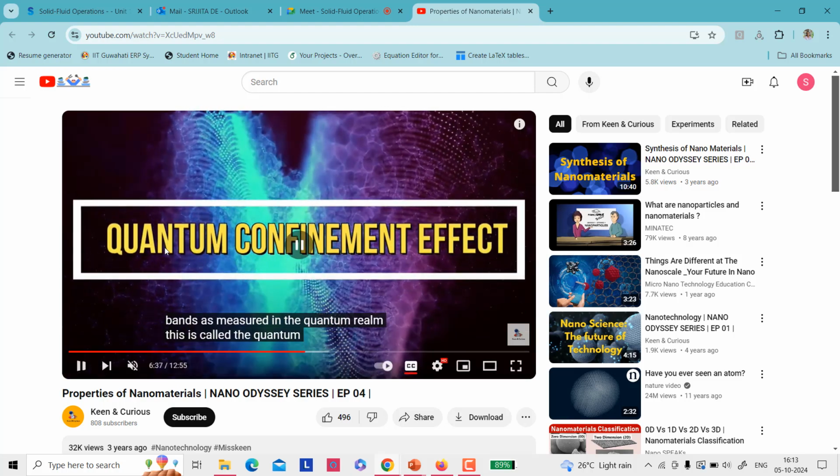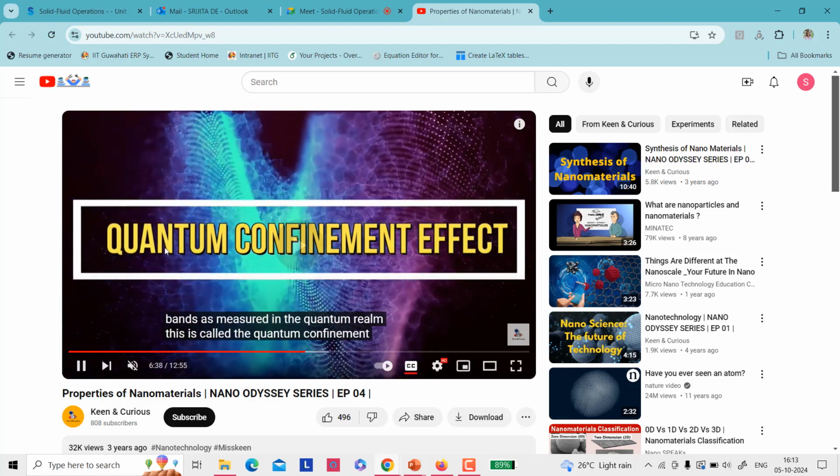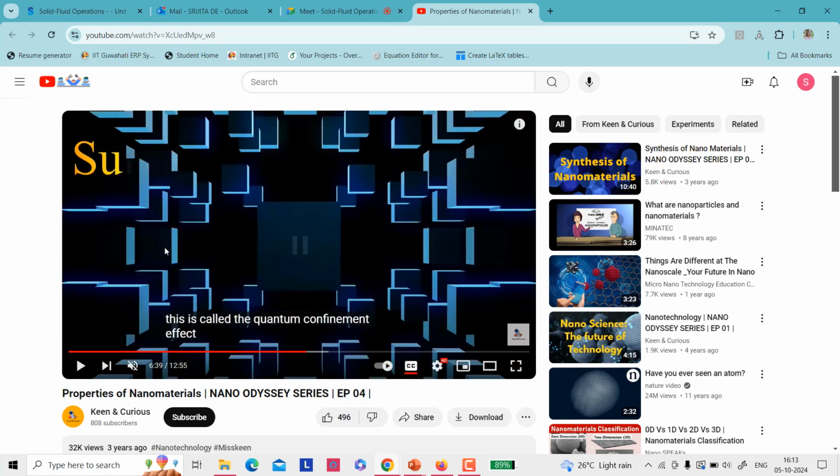This is the quantum confinement effect. Thus, the surface to volume ratio and the quantum confinement effect together dictate the properties that any given nanomaterial will have. These are seen in some very interesting ways that completely defy common expectations.